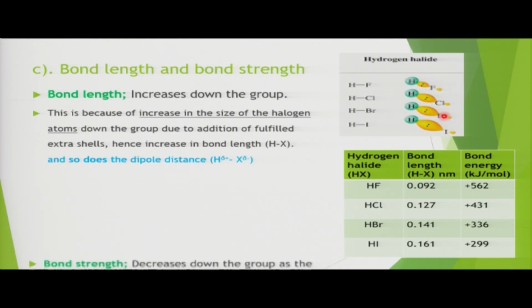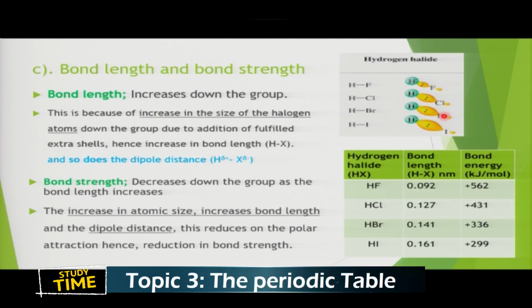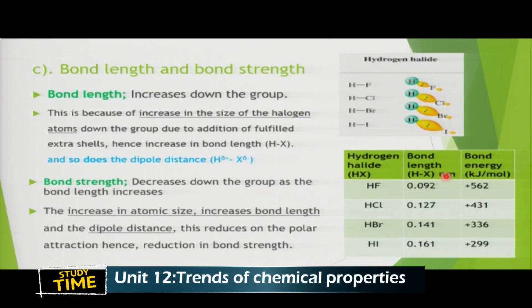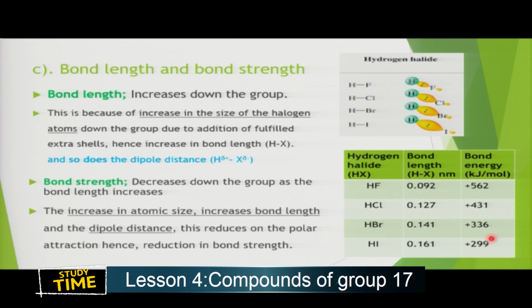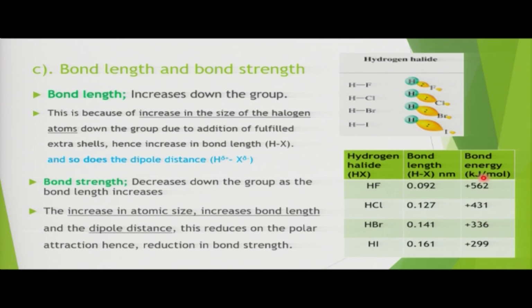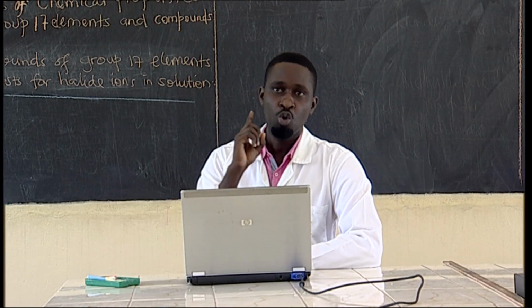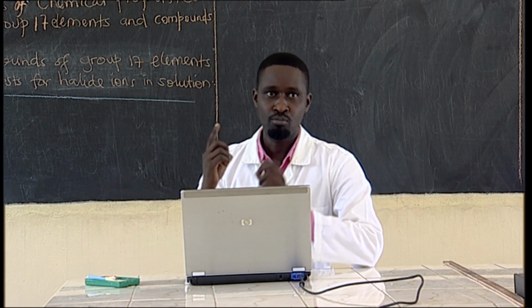Let's look at the bond energy. What do you see? As the bond becomes longer, the bond energy decreases. Of course, when we talk of bond energy, we mean the amount of energy required to break a bond, one single bond in a covalent molecule.